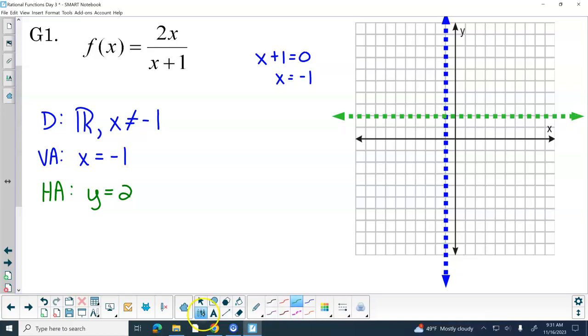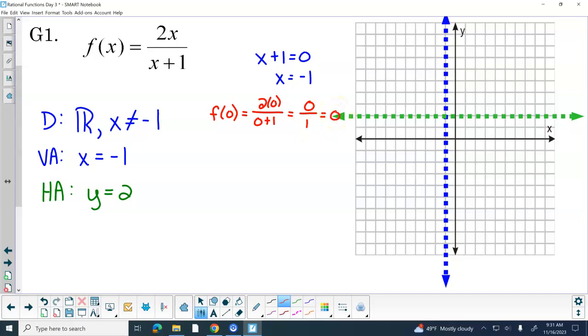Step number 3 then says what? Find the y-intercept. How am I going to go about finding the y-intercept? I'm going to plug in 0 for x. So that's finding f of 0. That's going to be 2 times 0 over 0 plus 1. 2 times 0 is 0. 0 plus 1 is 1. 0 divided by 1 is 0.